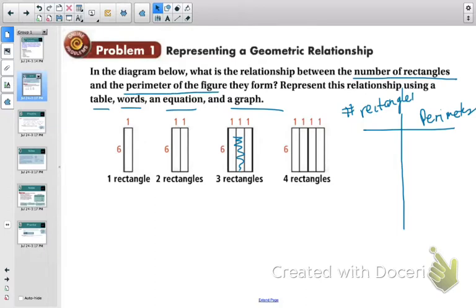So we start with one rectangle, then 2, 3, 4, etc. So the perimeter with one rectangle, well, we have 6. So that means this side is also going to be 6. And we have 1 and 1. So if I add all those together, I get 6 plus 6 is 12. 12 plus 1 is 13, plus another one is 14. So the perimeter is 14 for one rectangle.